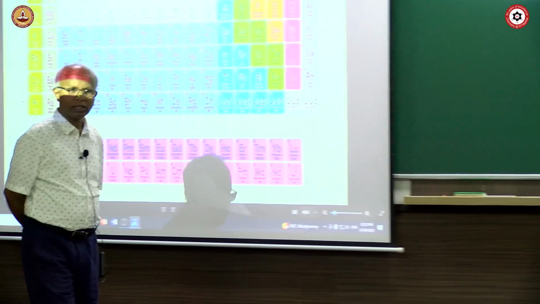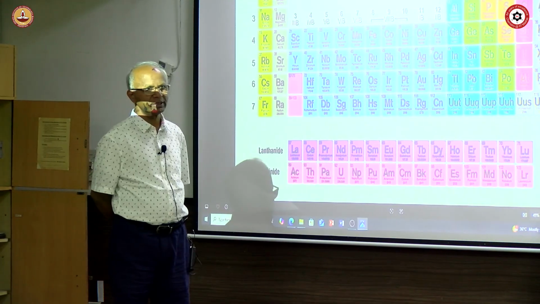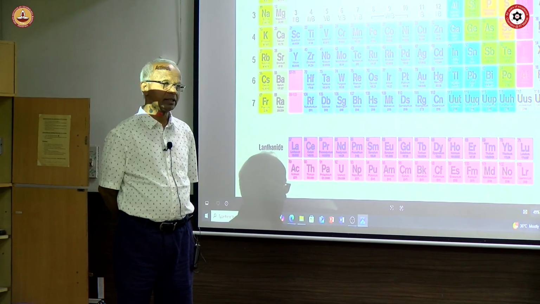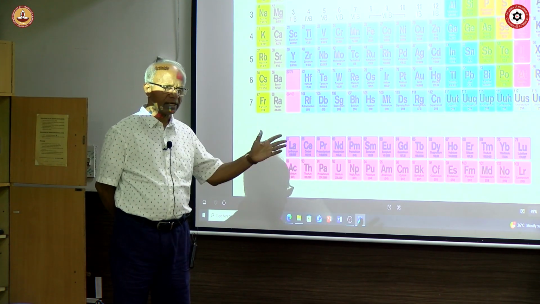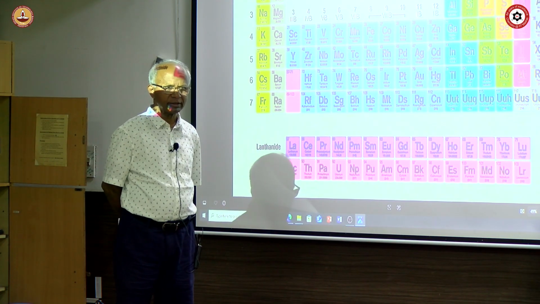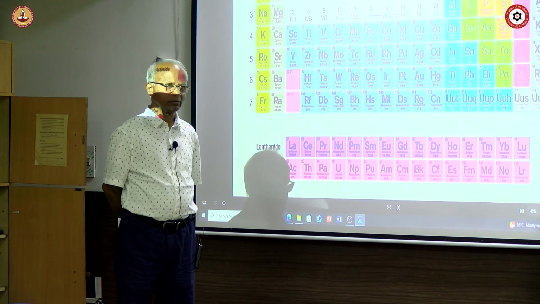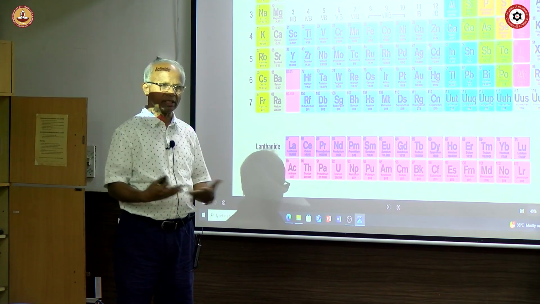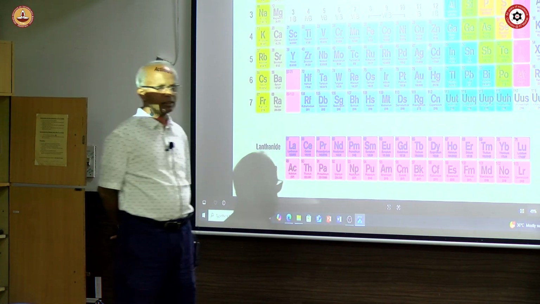So why is it called complex? Because they thought it is very difficult to understand. So complex. And coordination means some new name they have to give, right? Because already ionic is there, covalent is there. So that's where the coordination came. That means there is some understanding between the two. That is what coordination means. Right? We will understand more on that.